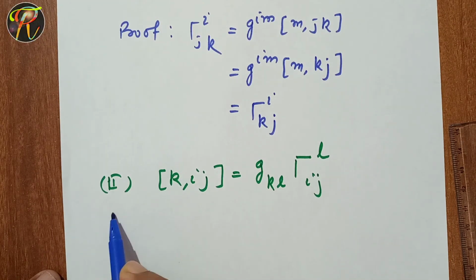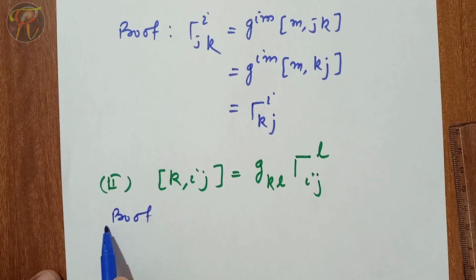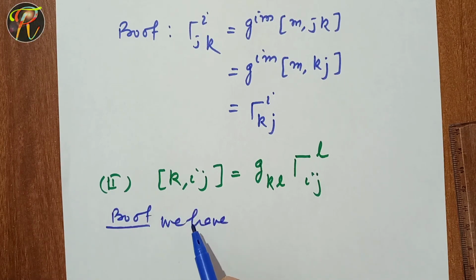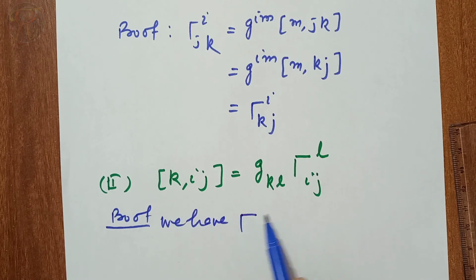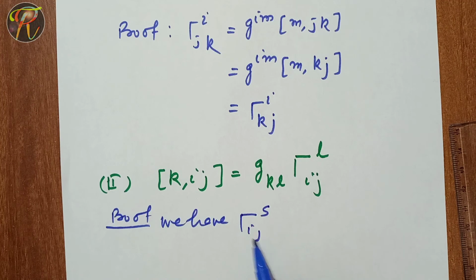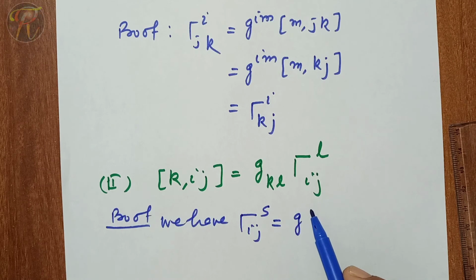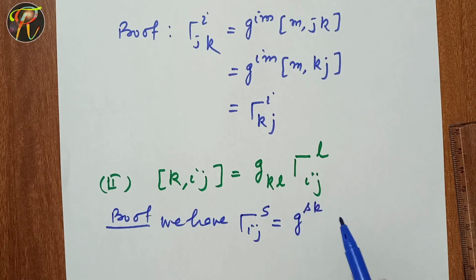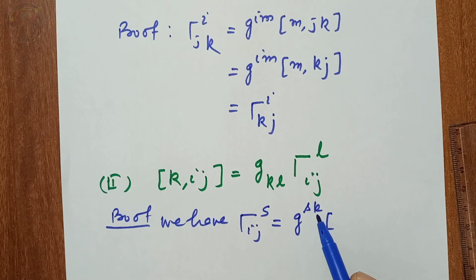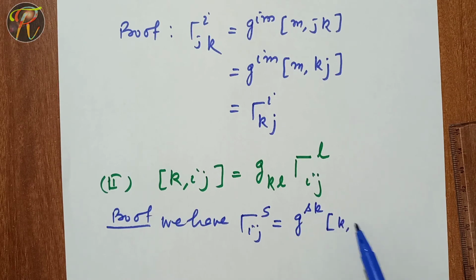The proof is very easy. We have, by the definition of the Christoffel symbol of the second kind, gamma^s_ij equal to g^sk [ki,j], where k is a dummy index.